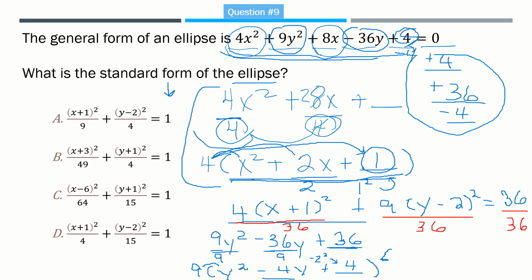So on the right hand side, we'll see that this is 1. So we're good there. I'll just move backward. 9 goes into 9 once, and 9 goes into 36 4 times. So this part is going to be (y minus 2) squared over 4.